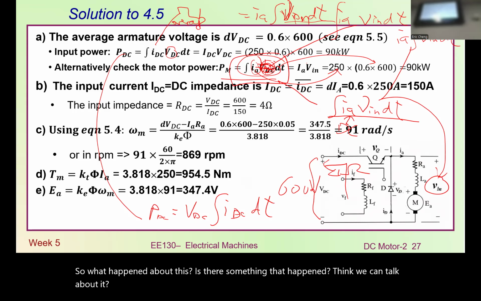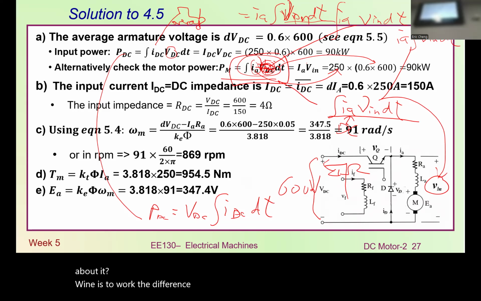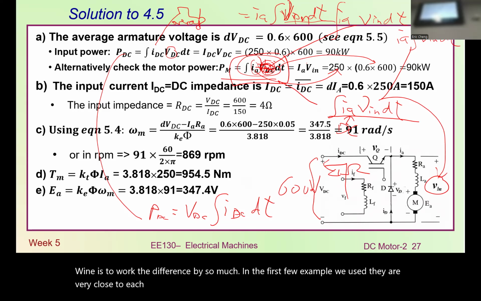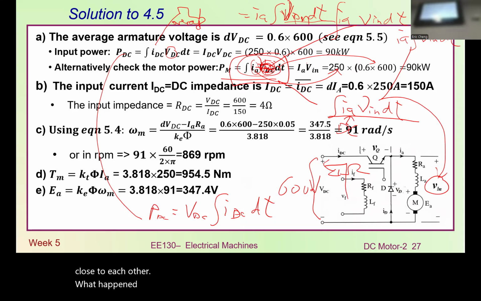So what happened? Is there something we haven't thought about? Why are these two voltages different by so much? In the fast field example, usually they are very close to each other. What happened here? We see this 600 volt, this is 347, so we require a big difference.